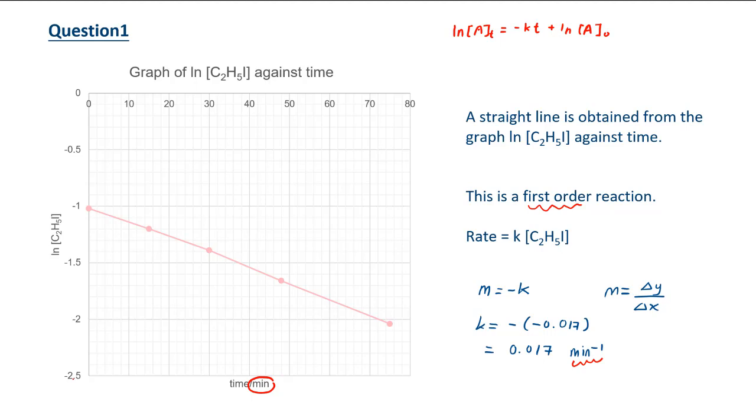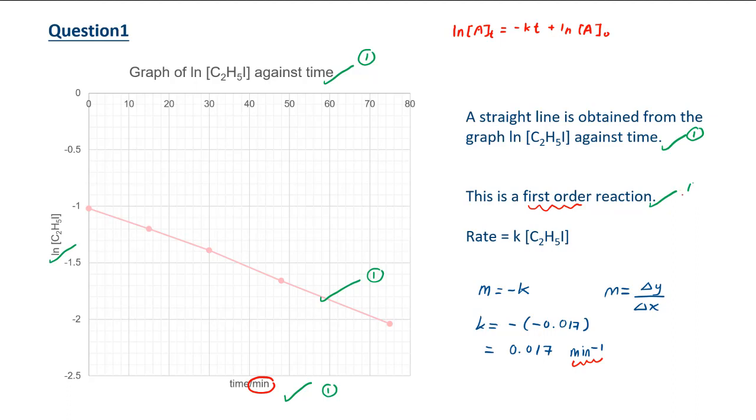Okay, so for the linear graph method, the first mark goes for the title, of course, and the second mark goes for your axis. Similar to just now, when you have your correct axis and the unit, both correct, you get 1 mark. And then when you have a straight line, make sure in your graph that it is a best fit straight line, then you get 1 mark. Your explanation in words that a straight line is obtained, you get 1 mark.